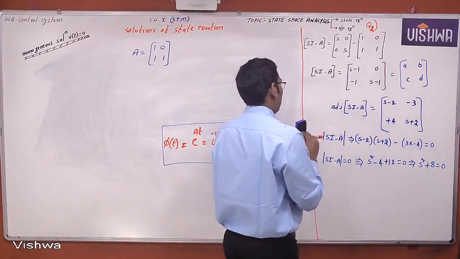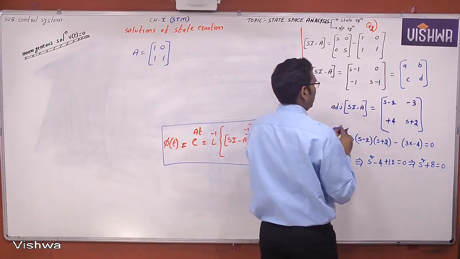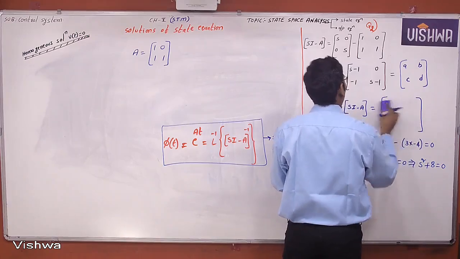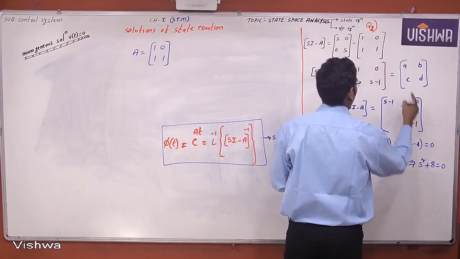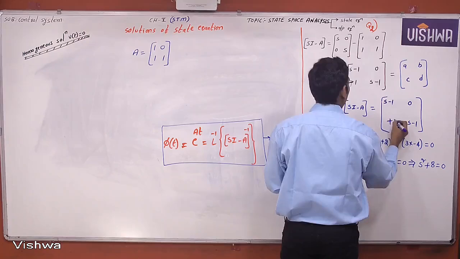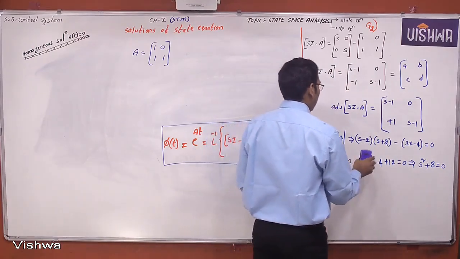Now, the adjoint of sI minus A. What is the adjoint? The diagonal element positions are interchanged and the opposite diagonal element signs are changed. So s minus 1, s minus 1. A and D positions are interchanged and the opposite diagonal element signs are changed. Therefore this is the adjoint. And what is the determinant?